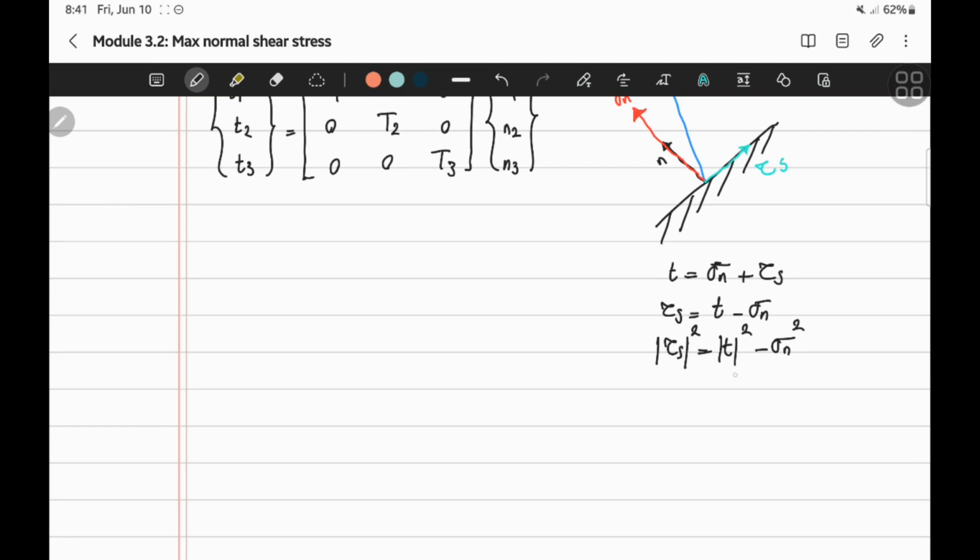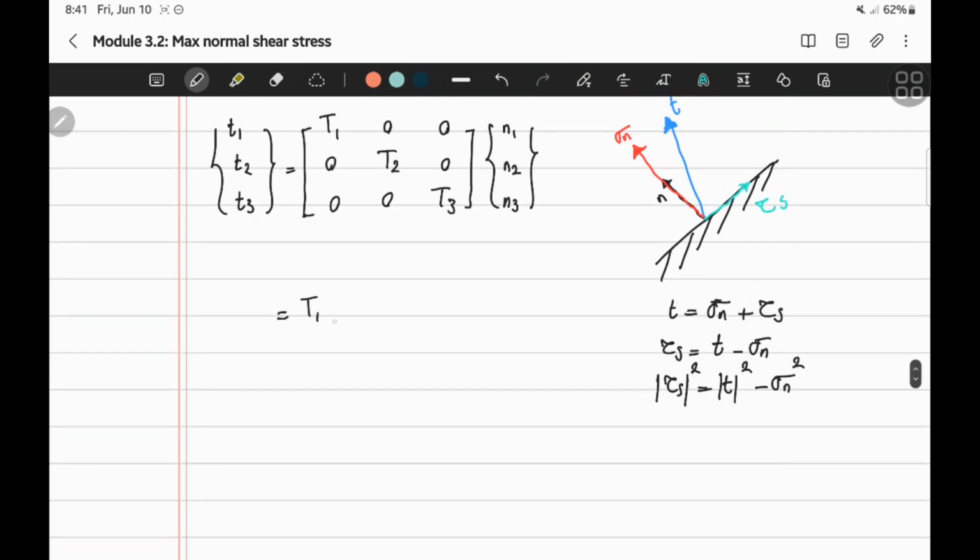So we have to find first T. So T here is T1 N1 E1 plus T2 N2 E2 plus T3 N3 E3.